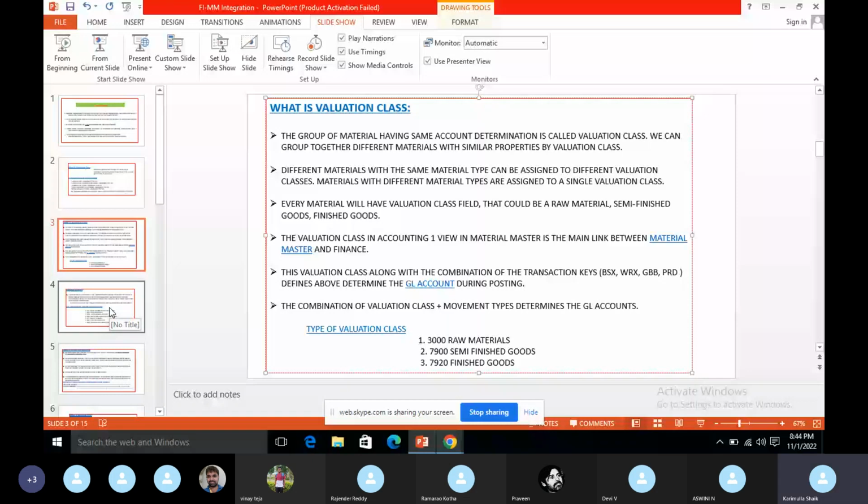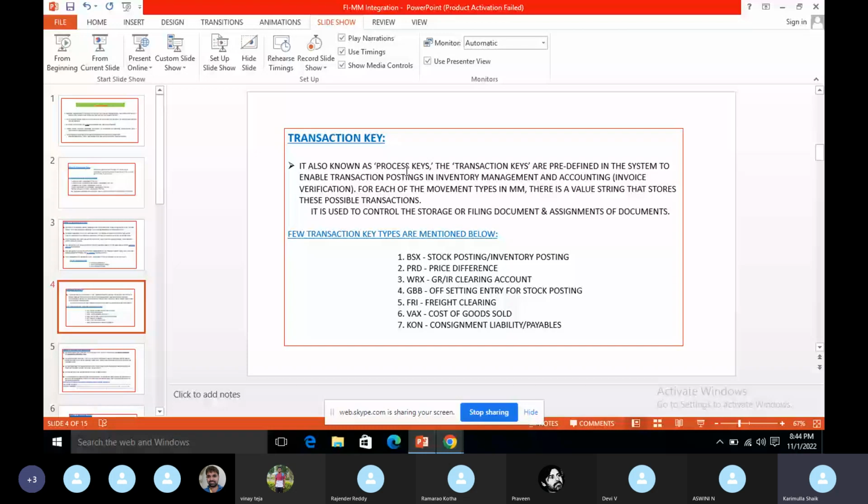Coming to transaction key, it is also known as process keys. The transaction keys are predefined in the system to enable transaction postings in inventory management and accounting, which is nothing but invoice verification. For each of the movement types in MM, there is a value string that stores these possible transactions, and it is used to control the posting and assign the documents.